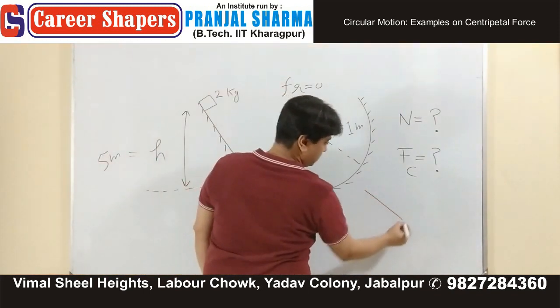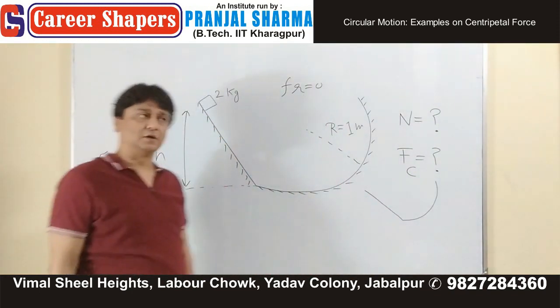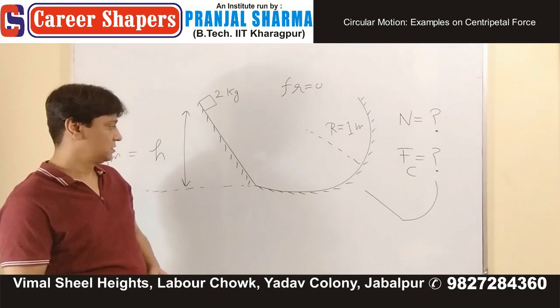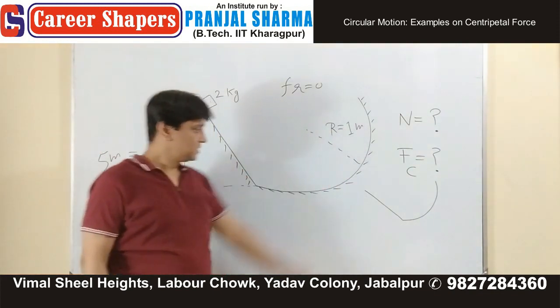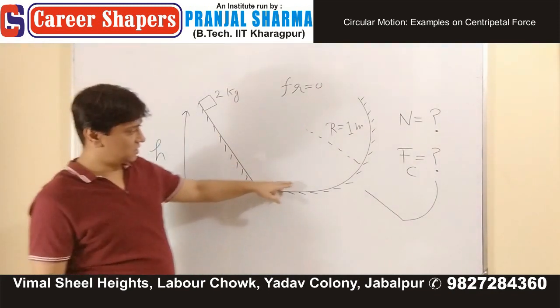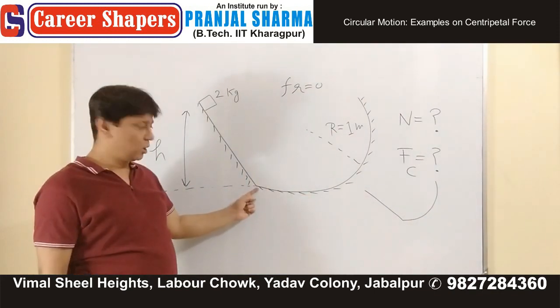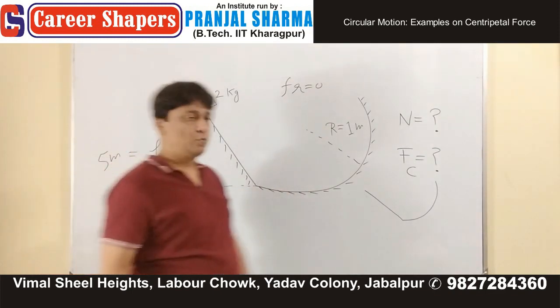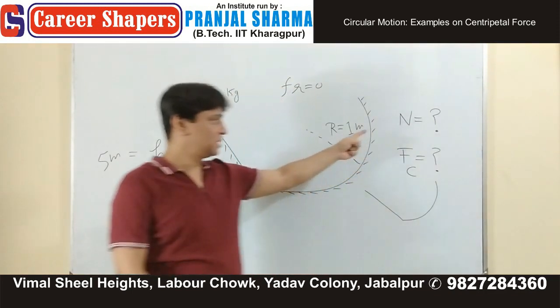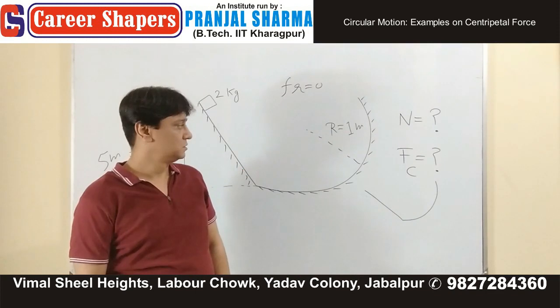There is an incline and the incline is connected to a circle of radius 1 meter. As it slips, it joins at this point the circle and starts moving in the circular path. Question is, right here at the lowest point, just when it starts moving in the circle, what is the normal reaction acting on the object and what is the centripetal force?